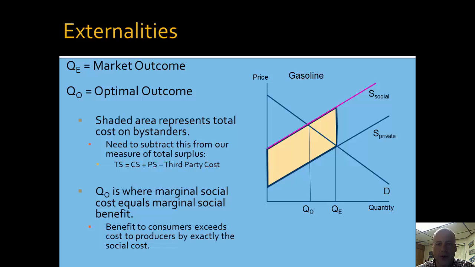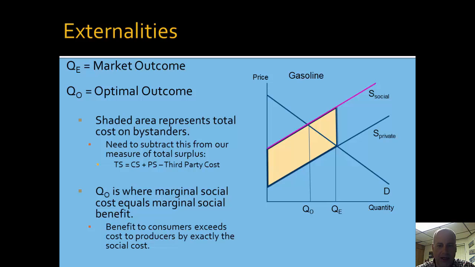Now, that cost is just the excess cost due to the externality. If we want to think about the total cost of the externality, then look at the whole shaded parallelogram. When we finally want to measure total surplus, we need to subtract the shaded area off of our original diagram.